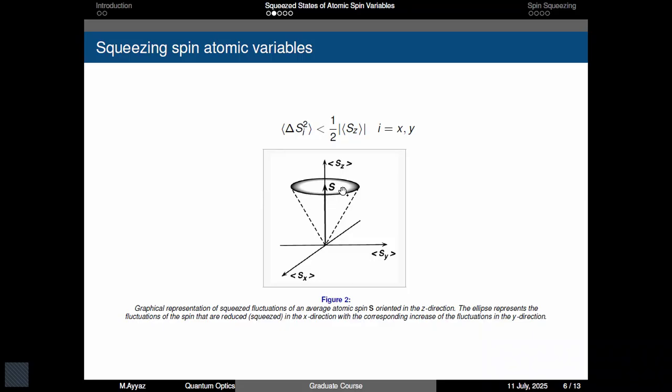You could see that here we are representing spin squeezing with an ellipse. There are increased fluctuations in the y component of spin, and we have reduced fluctuations in the x component of spin. So we have spin squeezing in the x direction of spin.